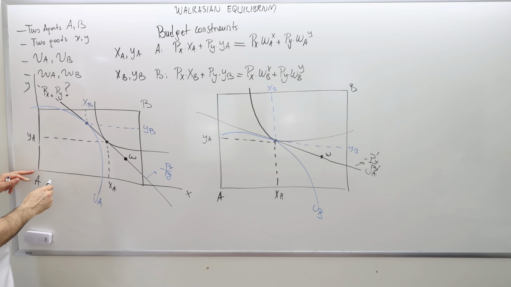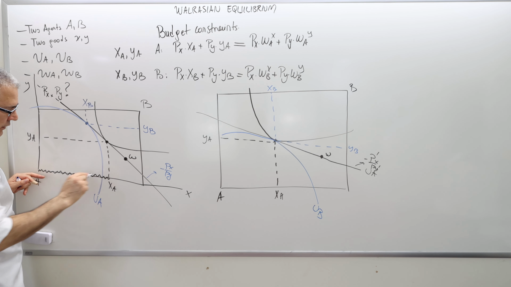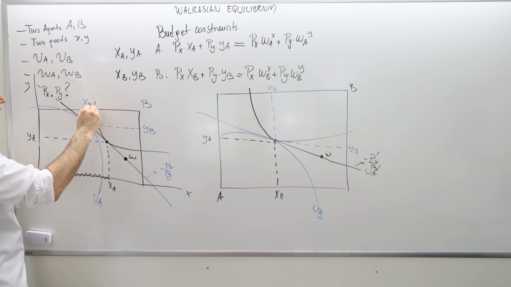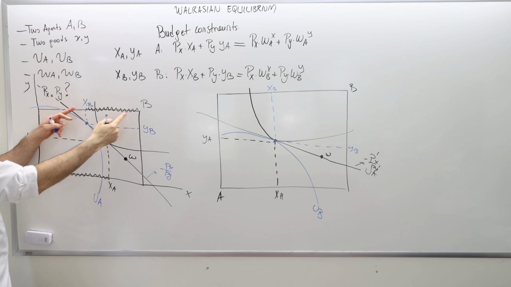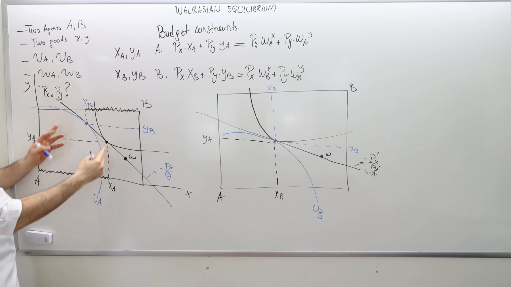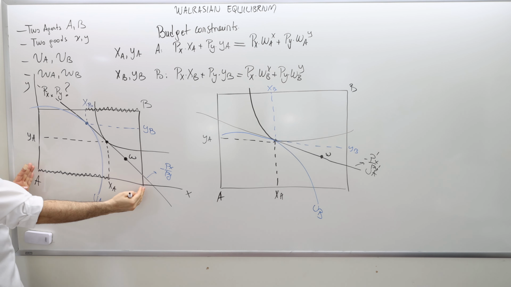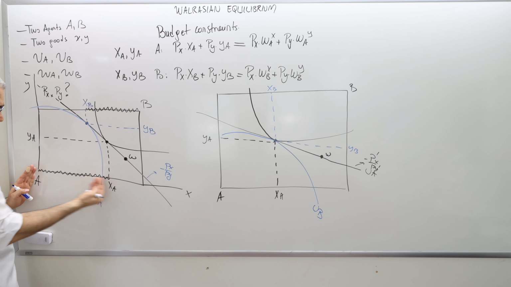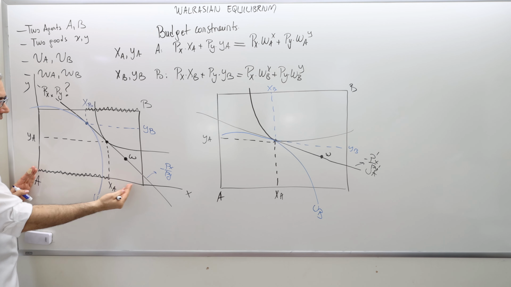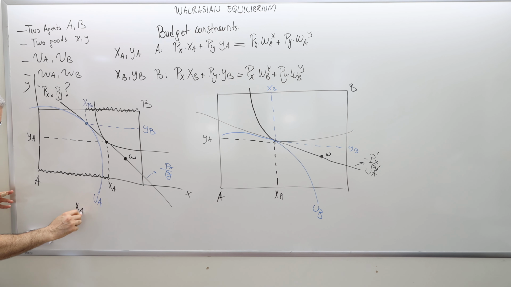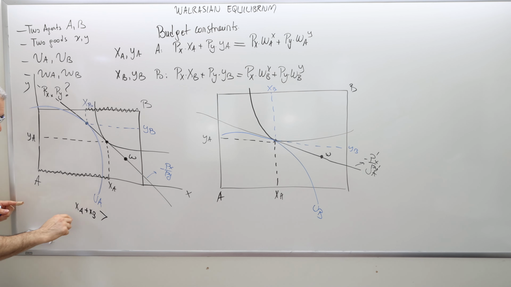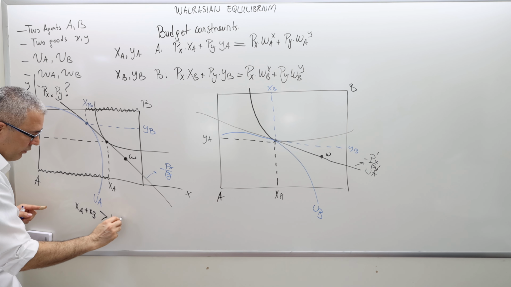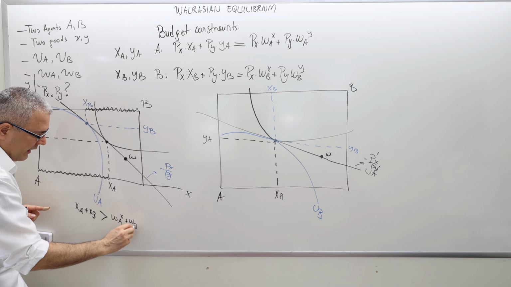Well, look, this is how many good X agent A wants to consume. This is how many good X agent B would like to consume. Well, if you add them up, you're going to get more than the size of this portion. Meaning XA plus XB in this very specific example is greater than WAX plus WBX.